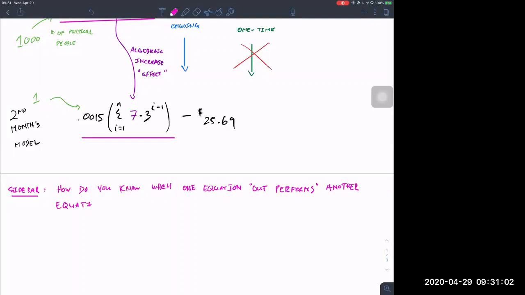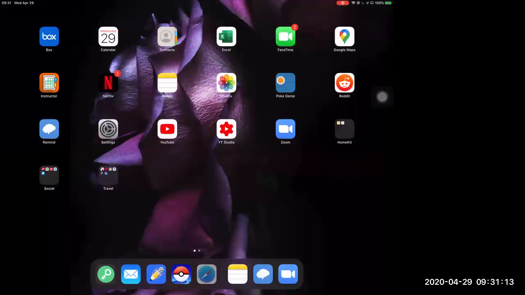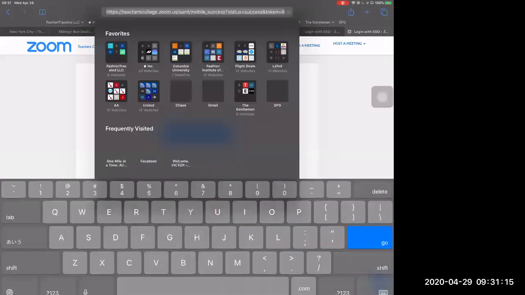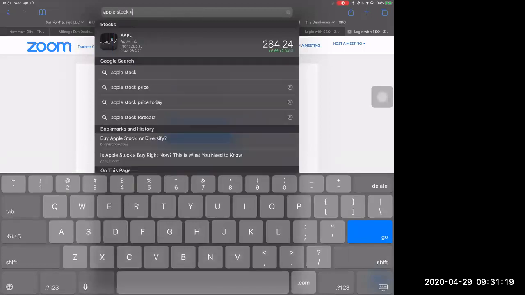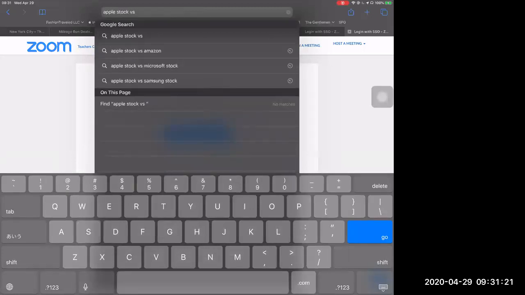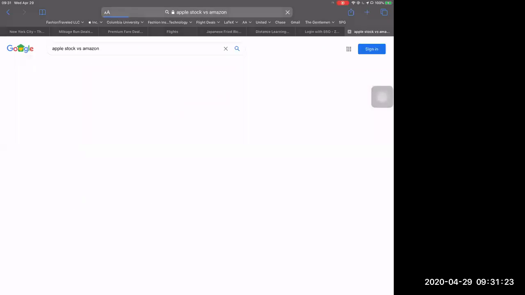Right, I was talking to my last section yesterday about this because it was just the way questions came up. Let's say you were looking at stocks, right? Let me see if I can pull something up here. Let's say Apple stock versus, let's look at Amazon, sure, why not?